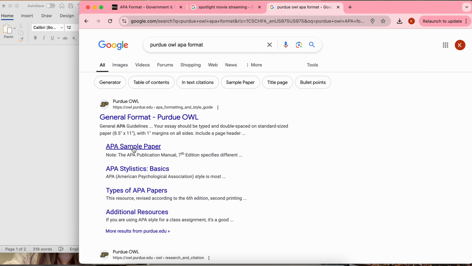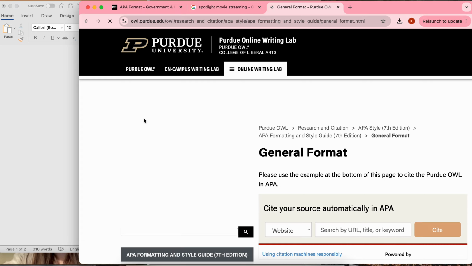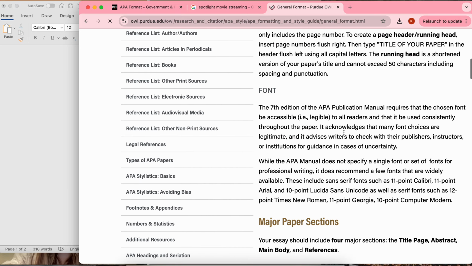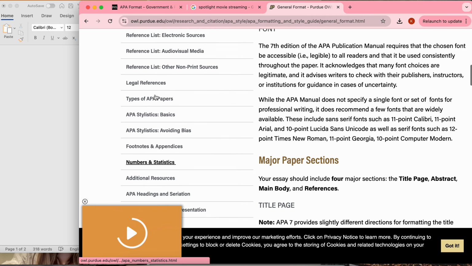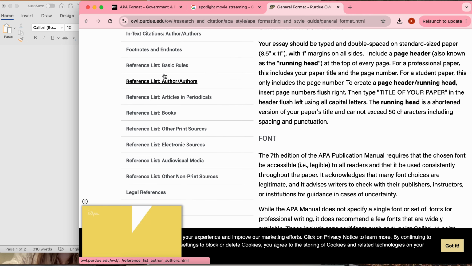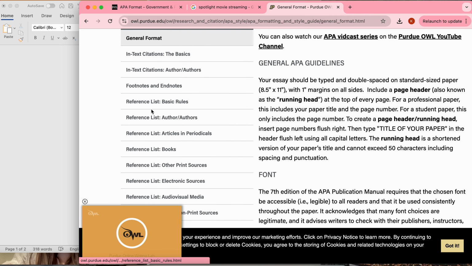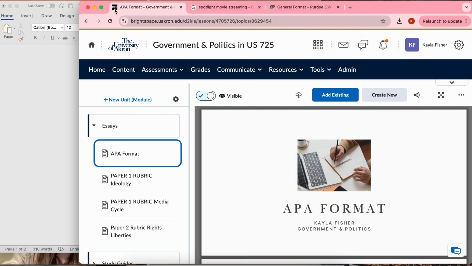And then here is all of your general stuff. You can get guidelines, sections, and then also all of your citations would be here as well, in text and the reference list.